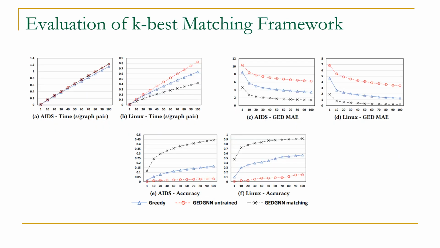In this experiment, we evaluate the effectiveness of our k-best matching framework given the matching matrix produced by GDGN when we vary the size of k from 1 to 100. Besides our method GDGN matching, 2 matching matrix generators are used as a baseline for comparison. The red line, GDGN untrained, generates the matching matrix using an untrained GDGN model.